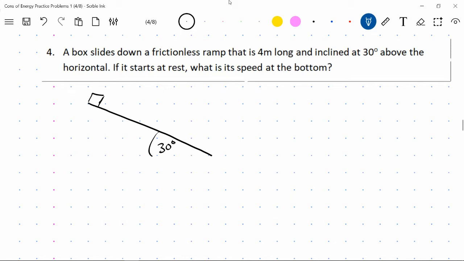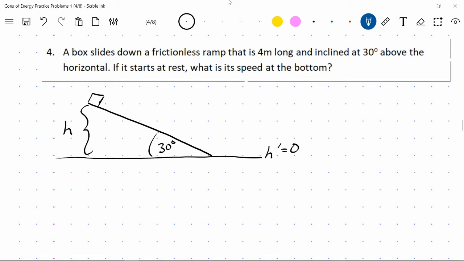If I'm measuring from the bottom, where I'm going to say that it ends up h prime equals 0, then the height of this object, h, is something I can calculate based on the fact that I know the ramp itself is 4 meters long.